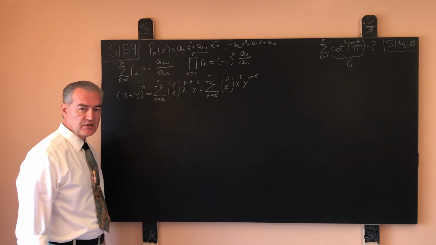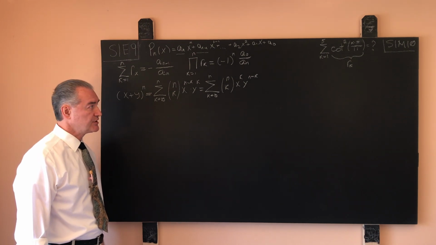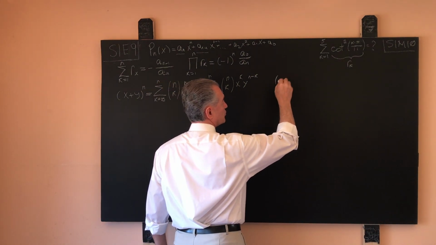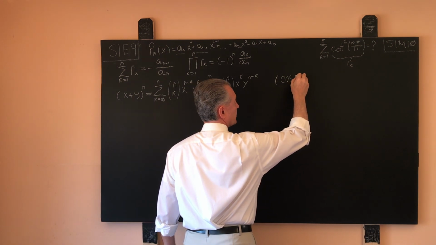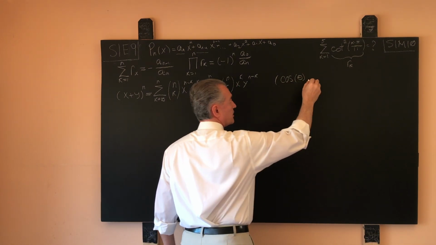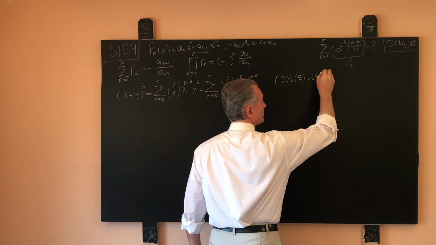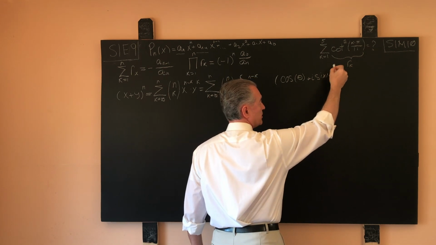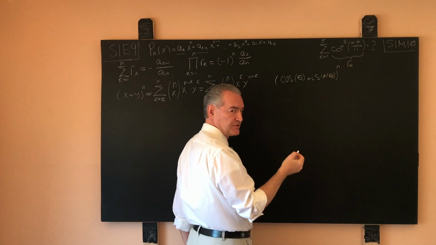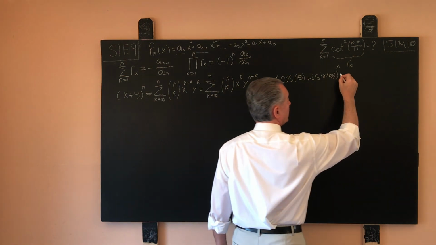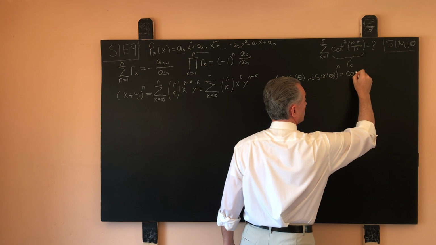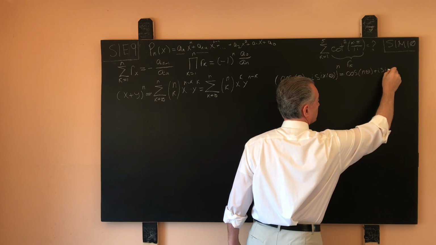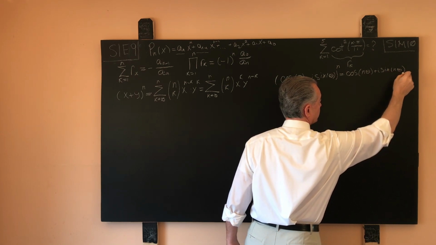The second basic unit of mathematical knowledge that we will need in this case is the so-called de Moivre's formula, or de Moivre's theorem, which states that cosine of theta plus i sine of theta, raised to the power n, which could be a negative whole number, 0, or positive whole number, is equal to cosine of n theta plus i sine of n theta.